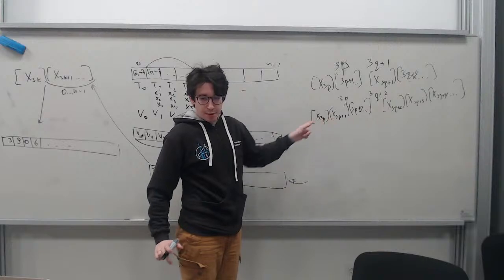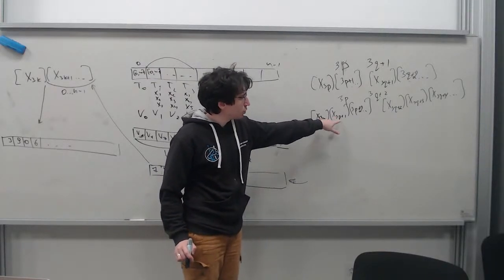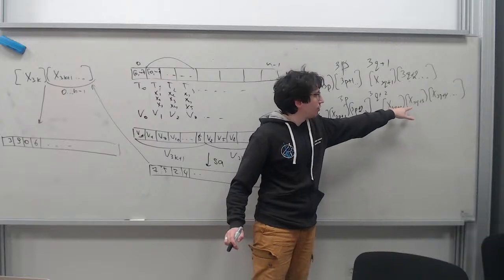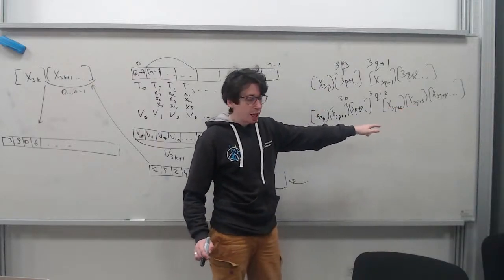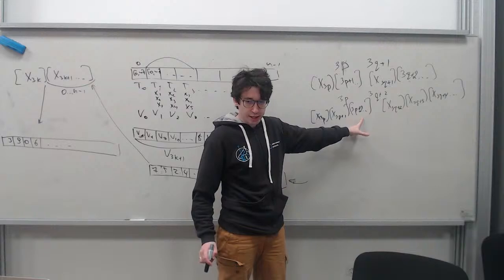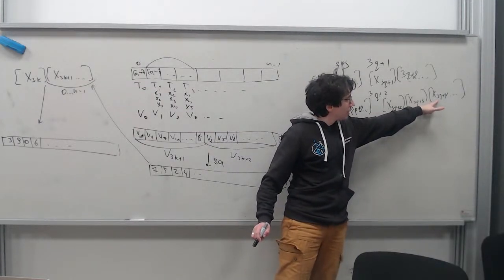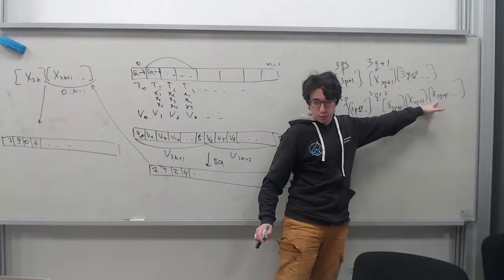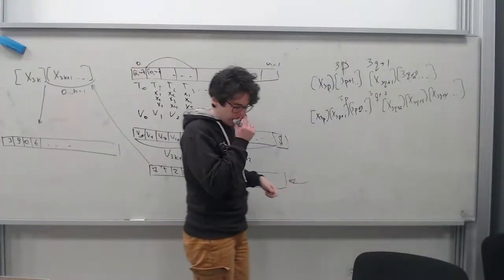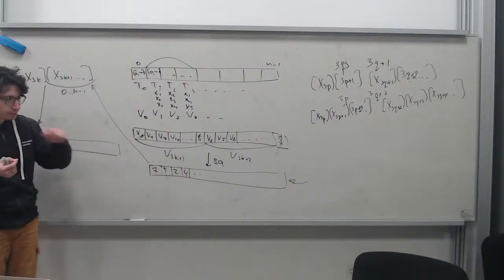We will compare them as triples. So it is 3p plus 1 with 3q plus 2 and 3q plus 3. And the rest of the suffixes: this one is the suffix that gives modulo 3 equal to 2, and this one gives 1 modulo 3. And we know that from the suffix array.